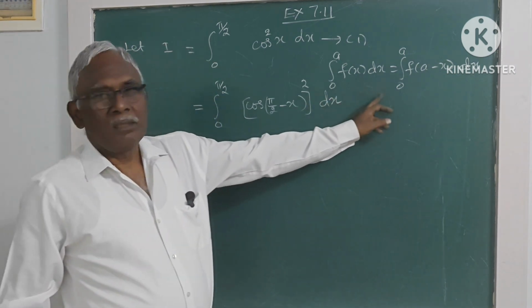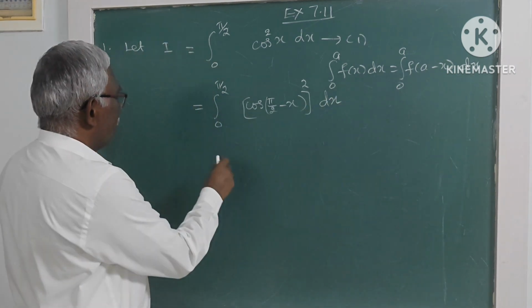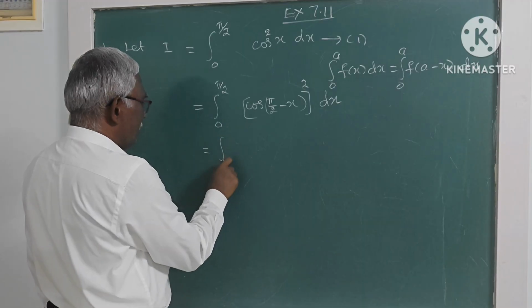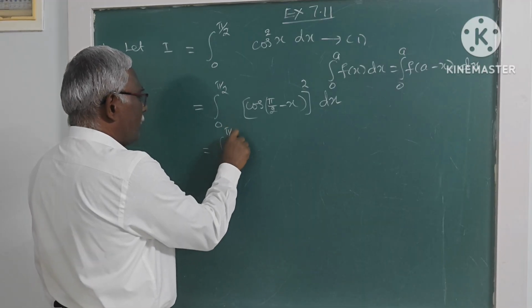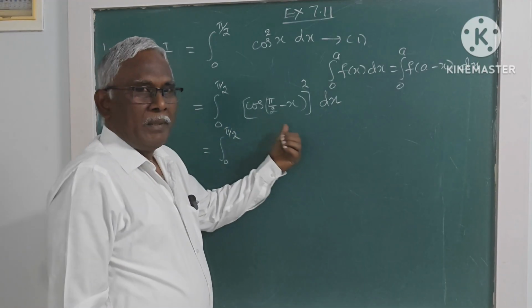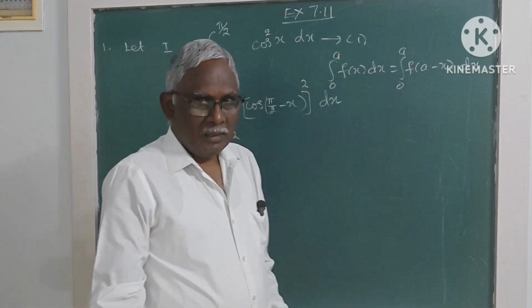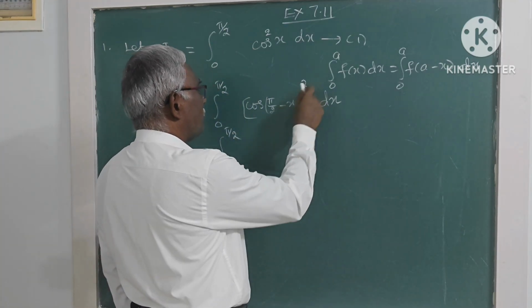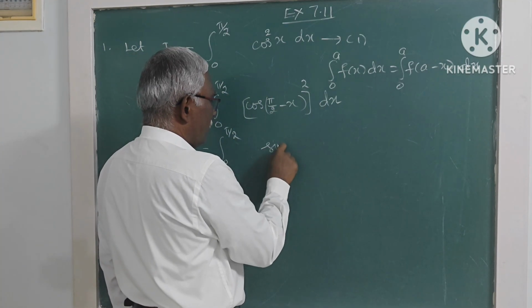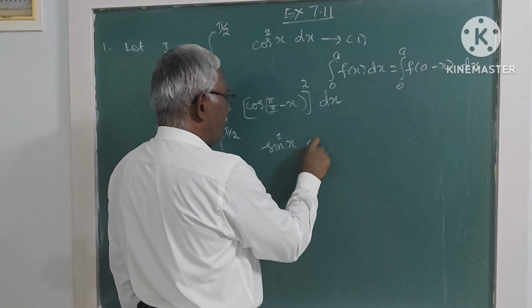We have used this property. Now cos of pi by 2 minus x is nothing but sin x. So sin x whole square is nothing but sin square x dx.